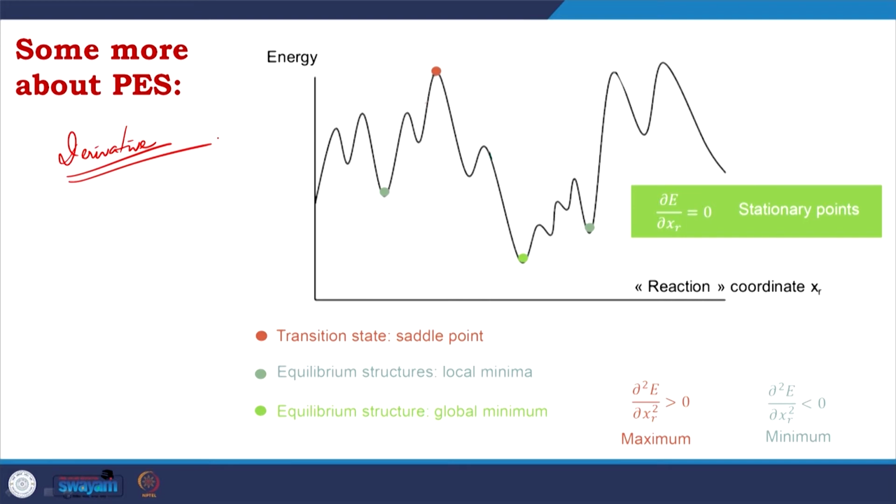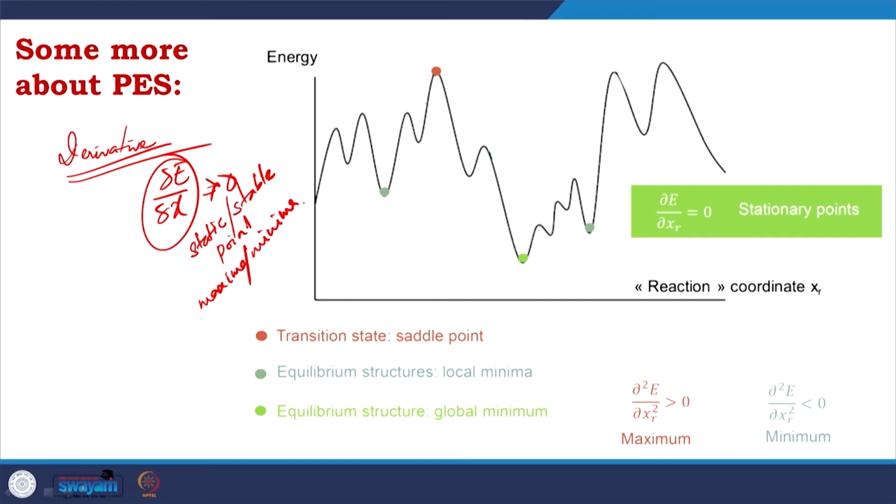The first derivative, dE/dx, if that is 0, then we know that we have reached a static or stable point, which you could also call maxima and minima.